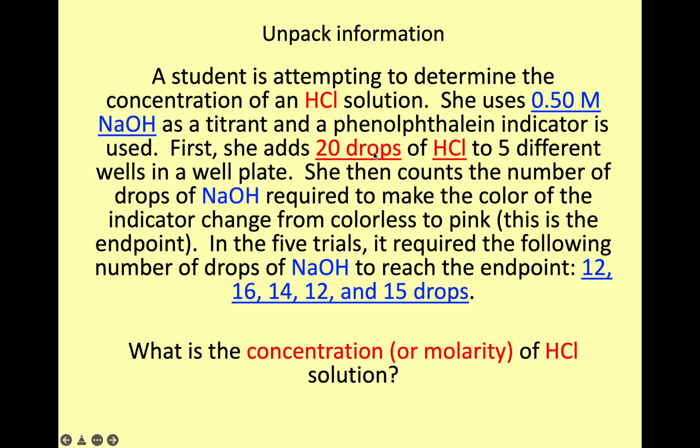We know how much acid we are using. We also know how much base we are using, in terms of drops this time. We're not going to go to milliliters, but drops is still a valid unit of volume. So what we're missing is the concentration of HCl.